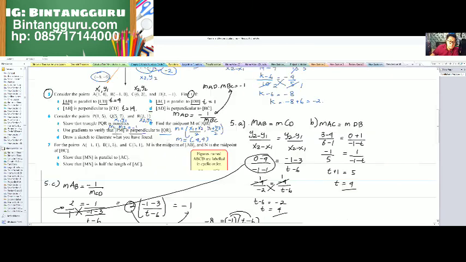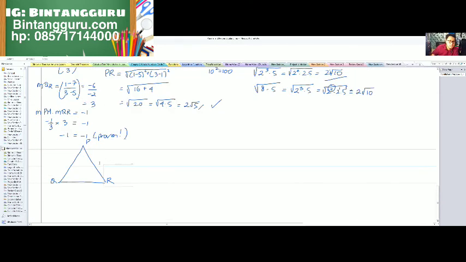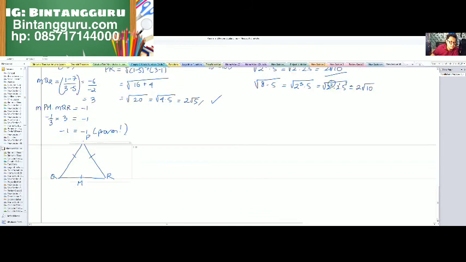M is the midpoint of QR. So this is M. Then MPM and MQR, so this way. This is perpendicular. Okay, so this is for D.